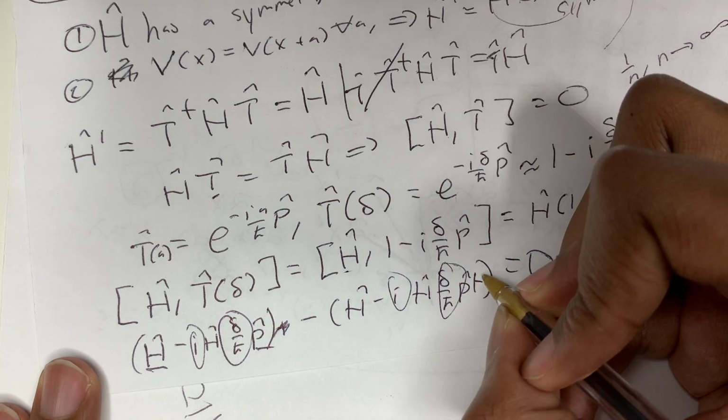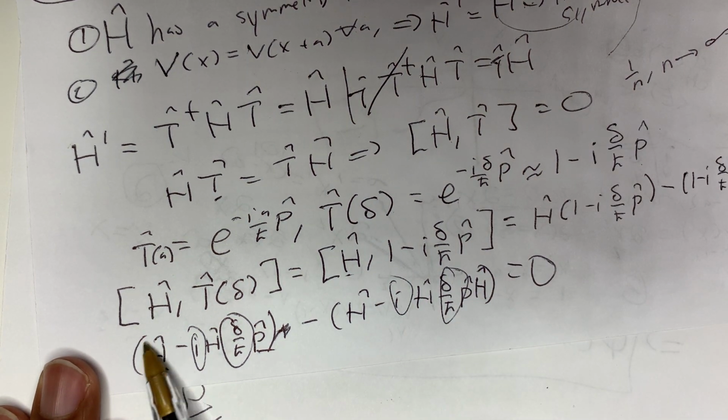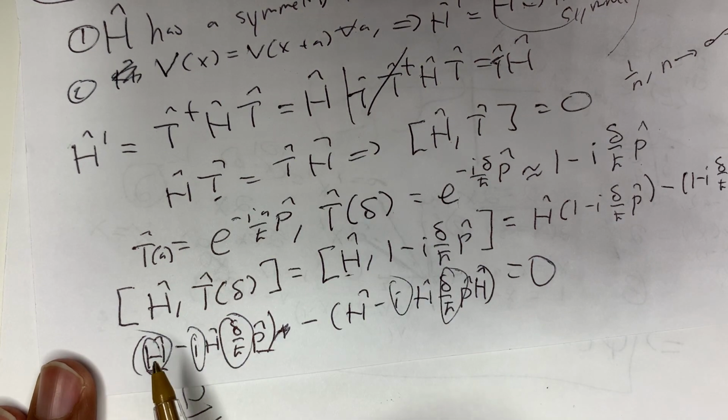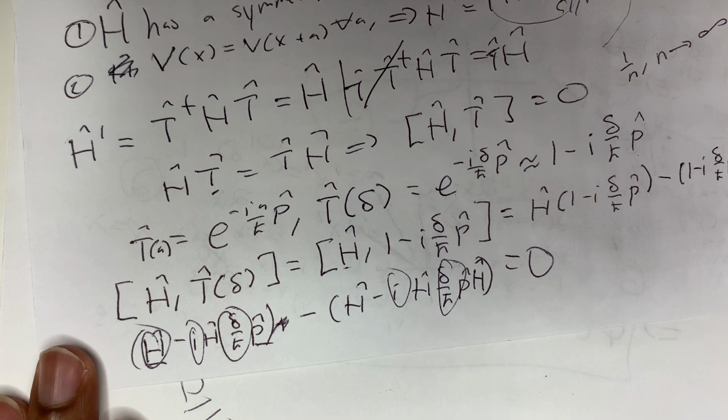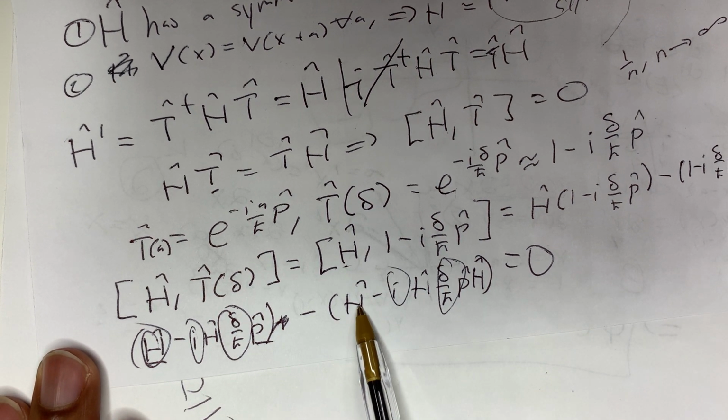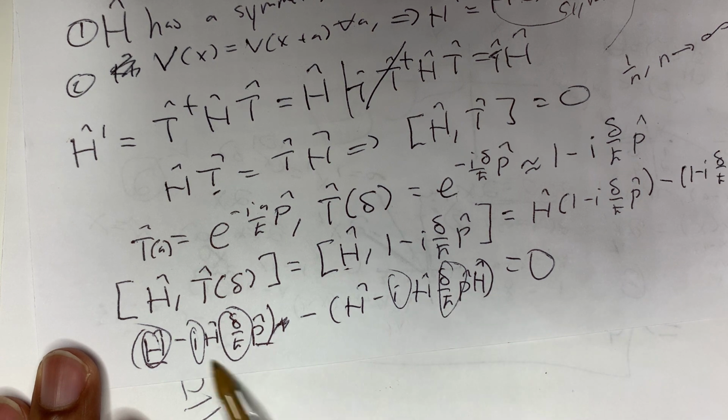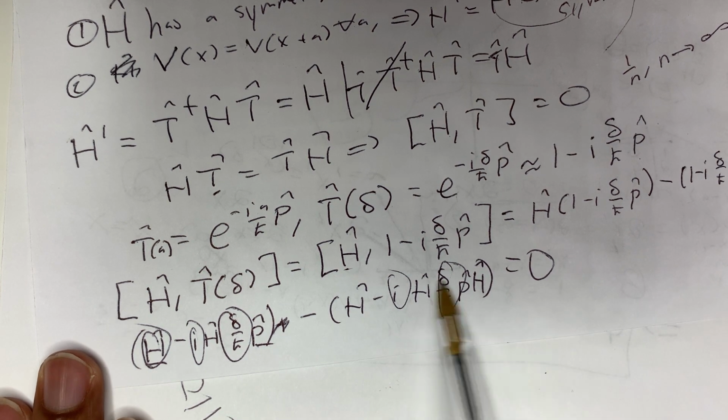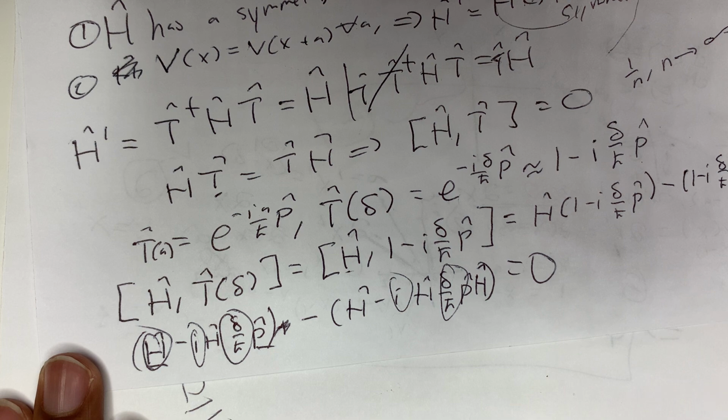The Hamiltonian, the momentum operator here, and here I have the Hamiltonian, the momentum operator again, and this equals 0. All of this combined together gives me 0.